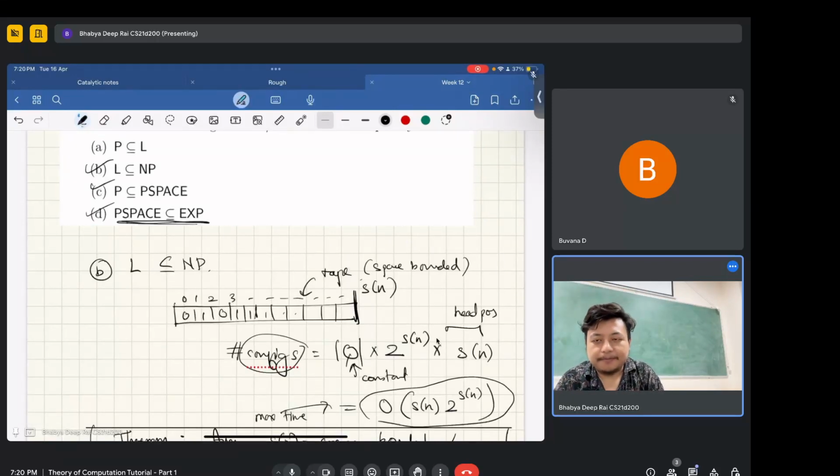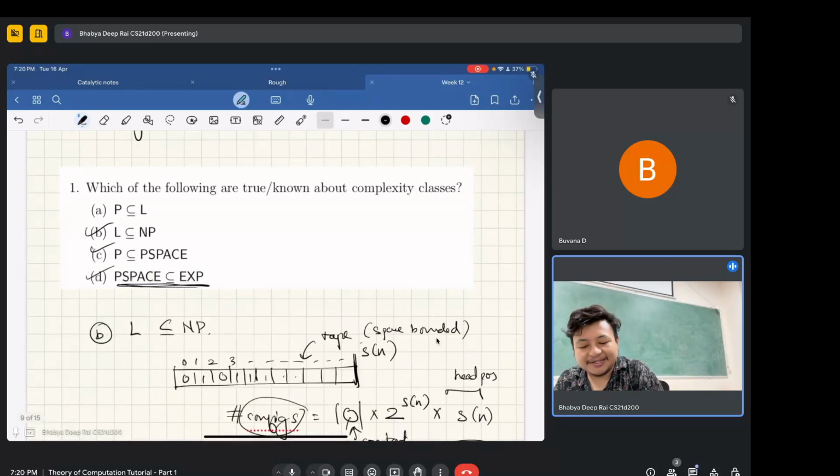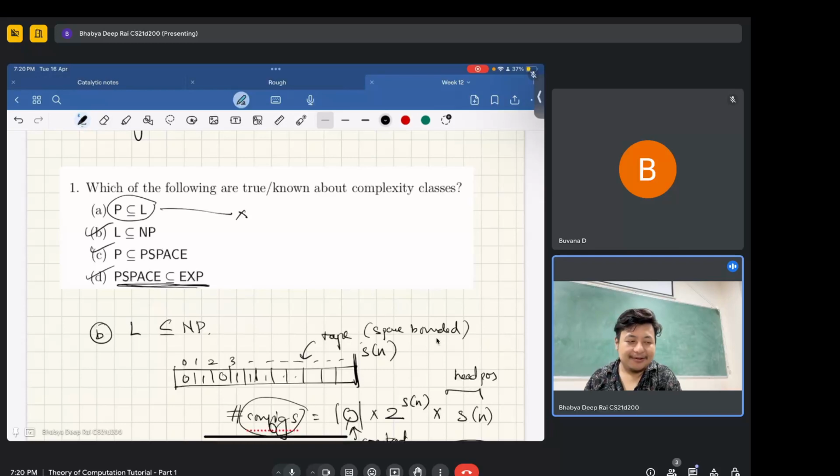So this is also done. Now finally, P is contained in L. This cannot be true. I cannot give an immediate justification for this without going too deep and out of the scope of the lectures. But this is not known, and this is a huge problem, also known as the L versus P problem.